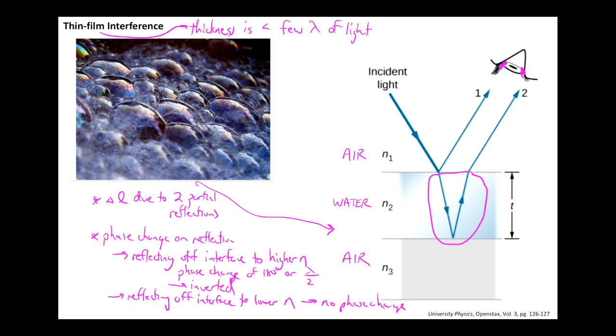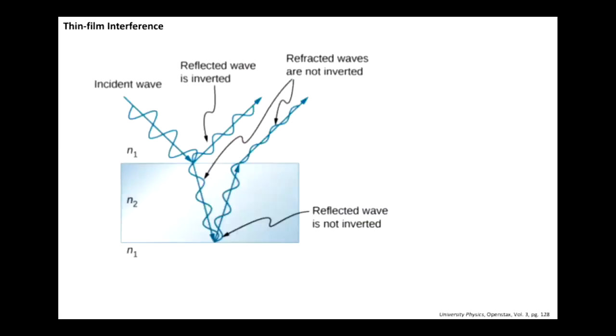So in this case, that leads to the next thing we're going to talk about. So let's do that, okay? We have the waves and what happens here. So we still have N1, N2, and now they've relabeled it N1 to indicate that we're going back into air. So we can say that N2 is greater than N1. So that first reflection, it's trying to go from air into something that has a higher index of refraction.